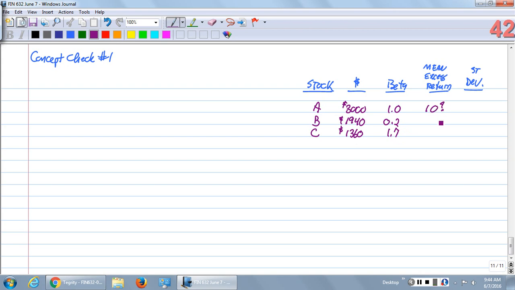The mean excess returns are 10%, 2 and 17, and the standard deviations are 40%, 30 and 50. Question number 1, question A, says, what is the mean excess return for the portfolio?